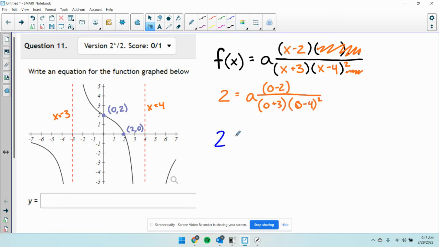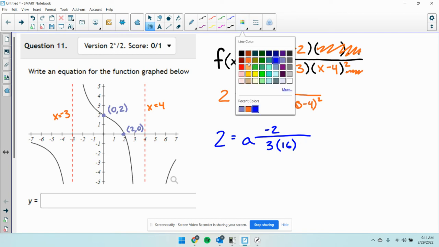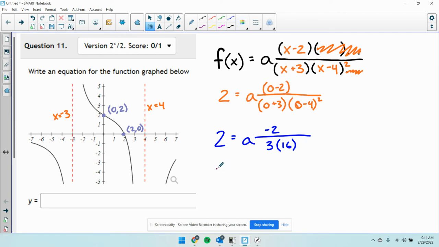The top is -2, I'll leave the a out front. This is -2 over 3 times -4 squared, which gives me +16. So I get 2 equals a times -2 over 3 times 16, which is 48, giving 2 equals a times -1 over 12.